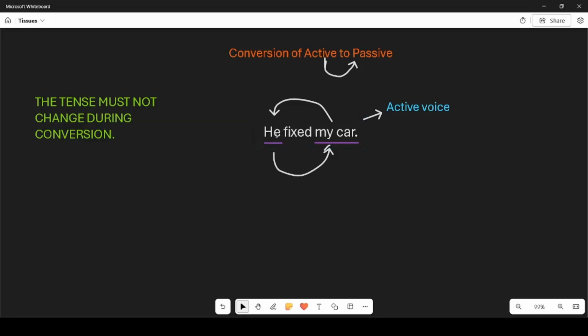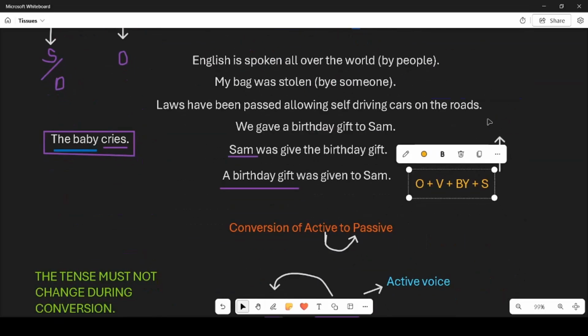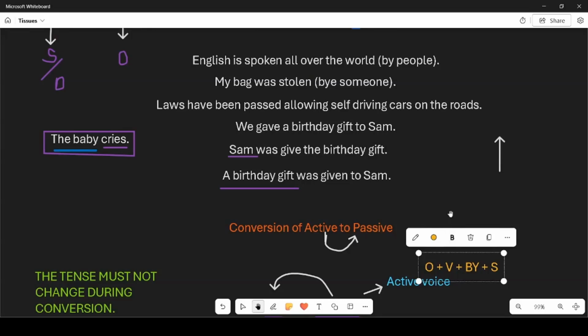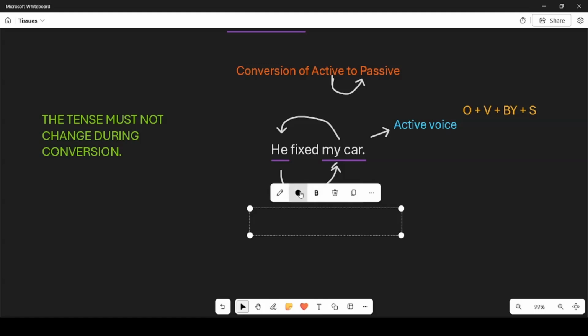So now if I simply move it like this and follow this structure over here, we would see that the sentence would completely change into something. Wait, I'll write it separately so that you can know the changes.